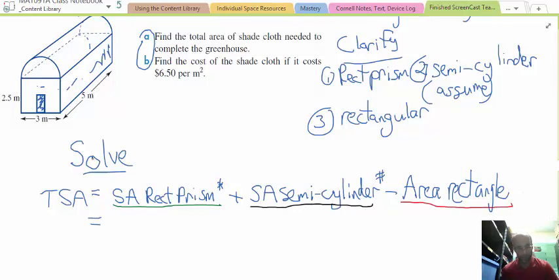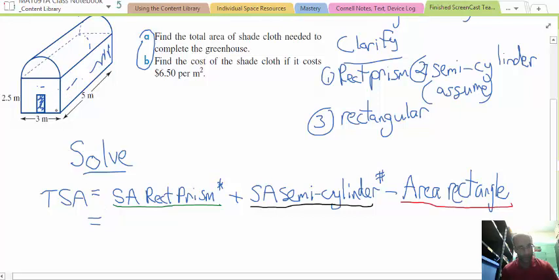Now, I said I'd make some notes about a couple of these things. A little asterisk here. We got the surface area of a rectangular prism. So there's a few things there. Surface area is the area exposed to the outside world, I suppose, in this case. So we don't have the top, as far as we can tell, there's nothing exposed to the outside there.